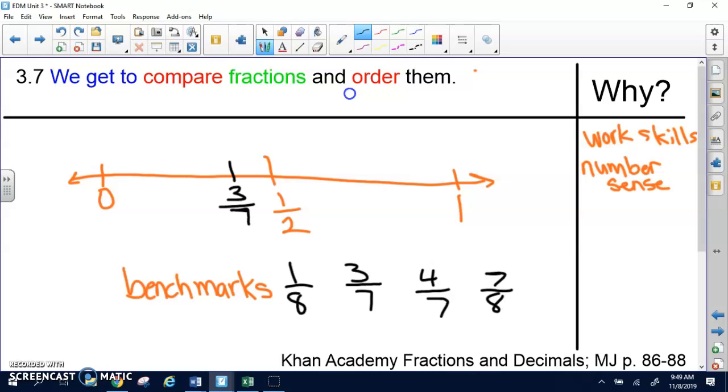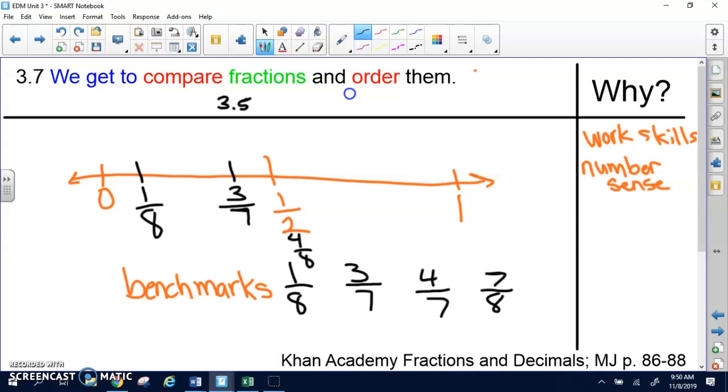But can you see how 3/7 is almost 1/2, right? Some of us know that if we divided 7 in half, it's 3.5, right? So somewhere between, but it's almost half, so we got to know that it's pretty close to half. And then we know 1/8 is actually pretty far from a half. We know that it's pretty close to 0, right? And 4/8 would be the equivalent there. So 1/8 has got to go there, right?